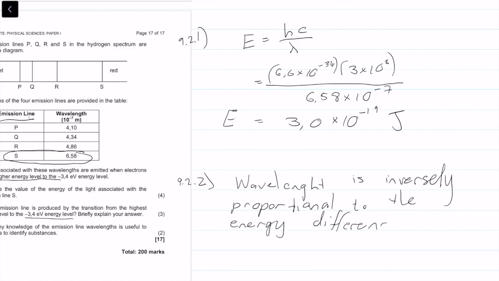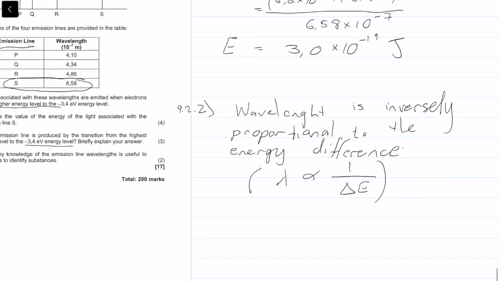This means that the wavelength is directly proportional to 1 over the change in energy. If we want the highest change in E, therefore the highest change in energy level, that would be from the smallest wavelength.